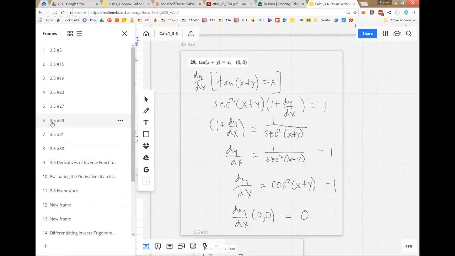On the right side, the derivative of x is 1. Then the whole idea is to try to get dy dx by itself. So the first thing I did is divide both sides by the secant squared of x plus y.